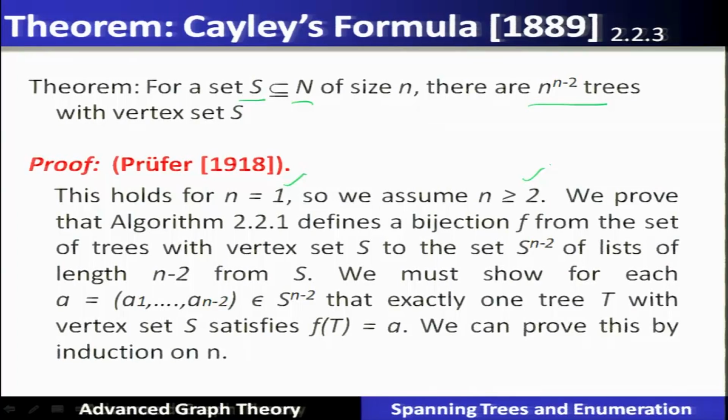Now we will prove that the algorithm which we have seen earlier defines a bijection function f from the set of trees with the vertex set S to the set S raised to the power n minus 2, the lists of length n minus 2 from S. We have already seen that if a tree is given, we can generate a Prüfer sequence of length n minus 2.